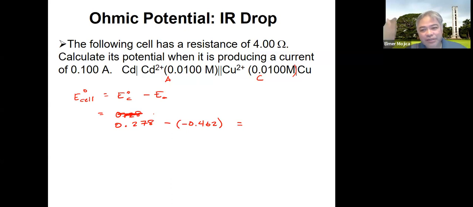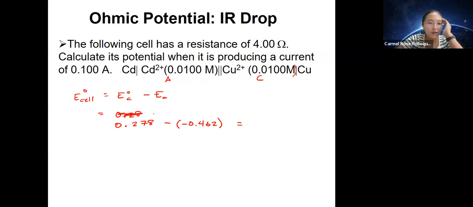Let's see if the potential really drops. Yes, Carmel. Sir, a question: does the IR drop also affect the E cell? Yes, the cell.